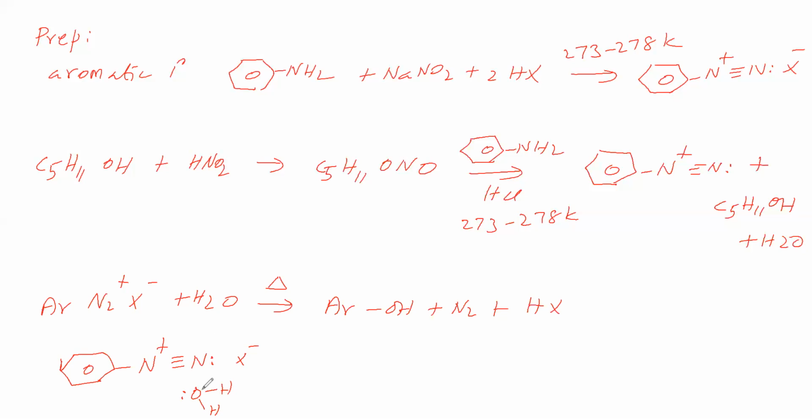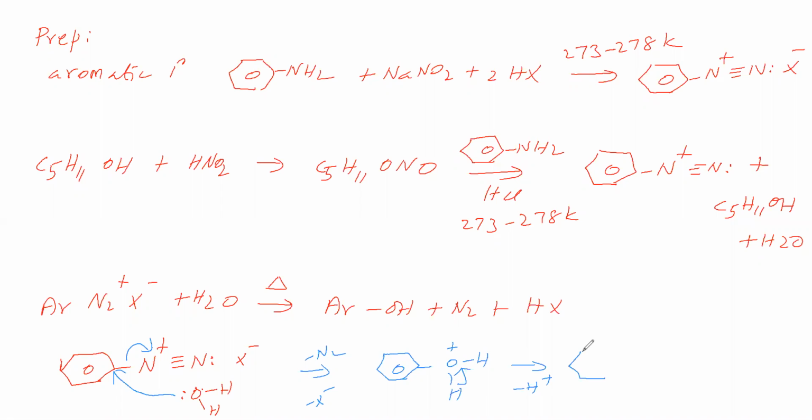In this water, oxygen has 2 lone pairs. This lone pair is attacking this carbon. N2 is leaving, X minus is leaving. So we are getting this phenyl ring with H2O plus. Then H plus is leaving.